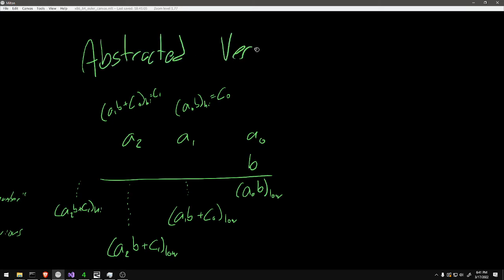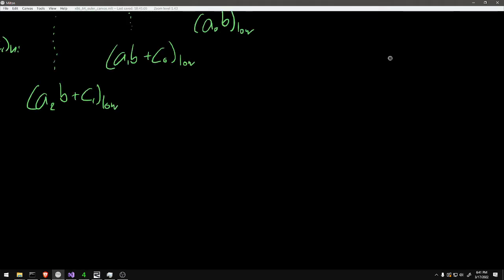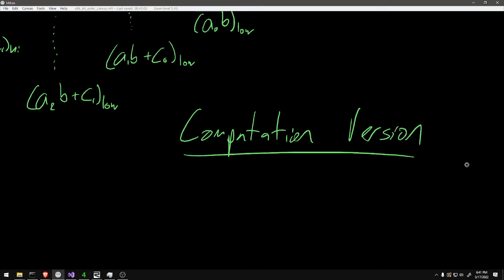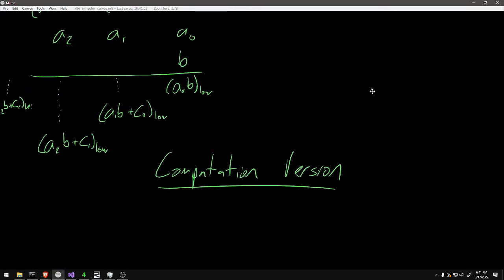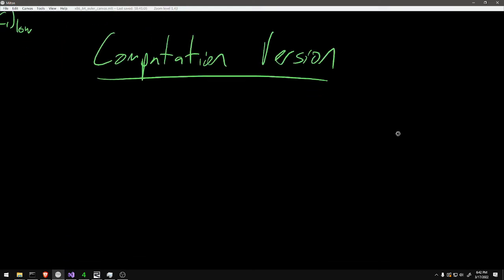Here's an abstracted version. And now we want the computation version. So for the computation version, we want something like R0, C0. I'll use this notation. If these are the high bits and these are the low bits, equal A1B.